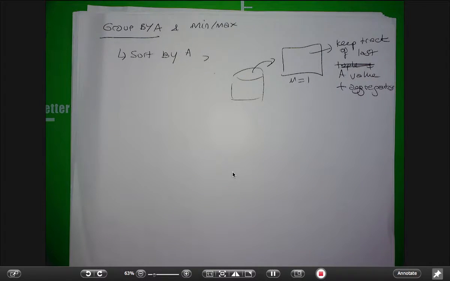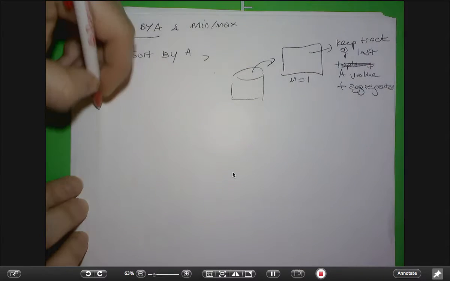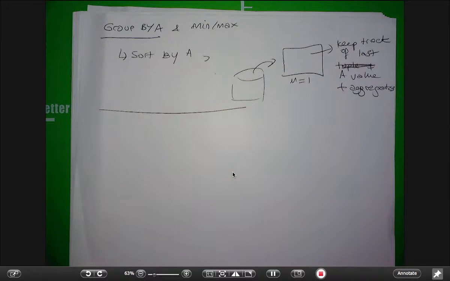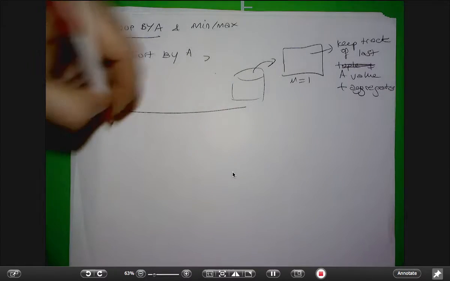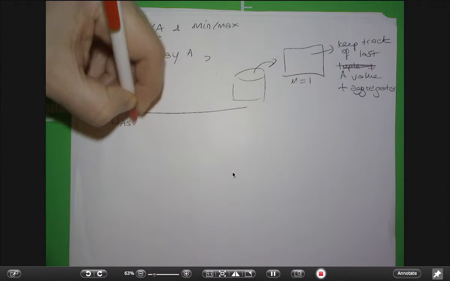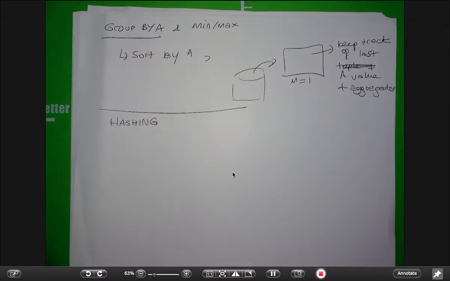All right, so if sorting doesn't work for you, you can also use hashing. Now, sorting sorts the whole relation, whereas hashing is a very different type of query operator, because what hashing will do is take your data and divide it into groups, right?